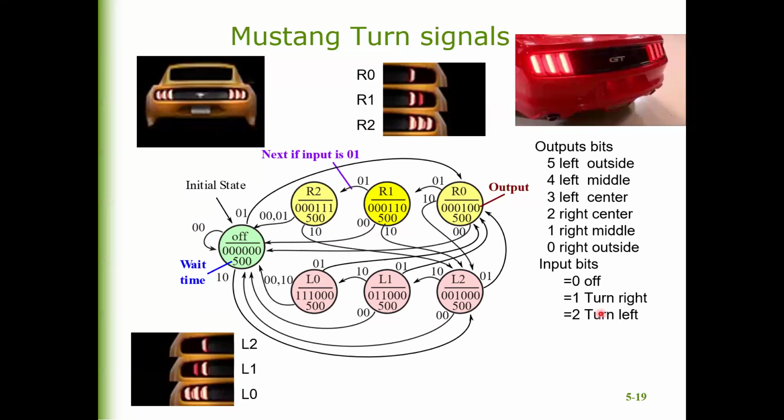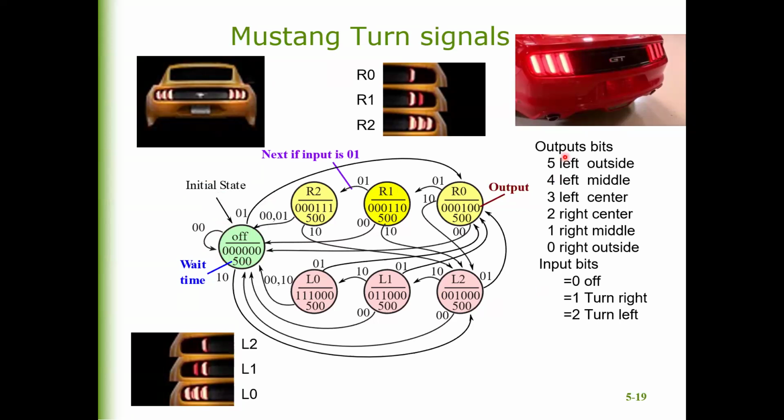Okay, let's look at one example together. Let's start from the initial state, because at initial all the lines will be off, so that's why we use 6 bits to represent all the lines.